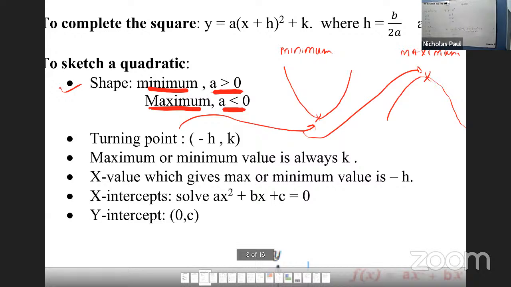What about number 2? Number 2 is a max because the a value is -5, which is less than 0. All right.